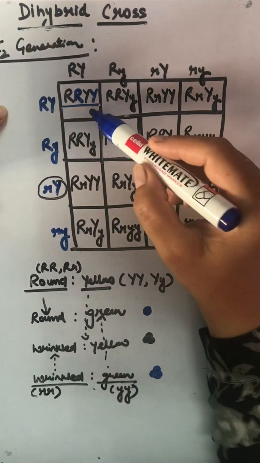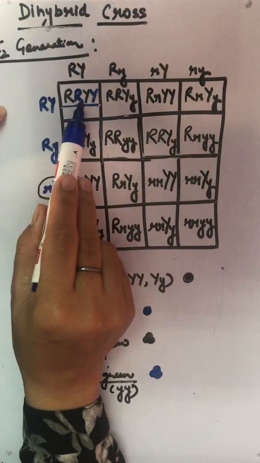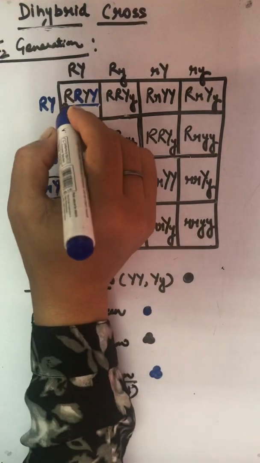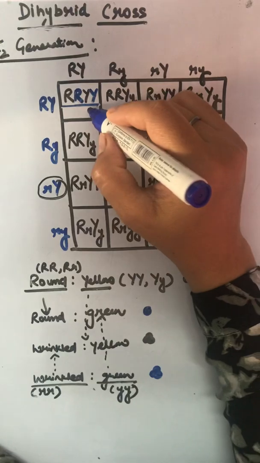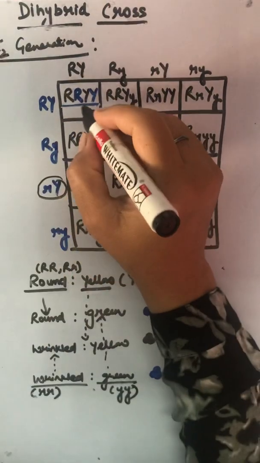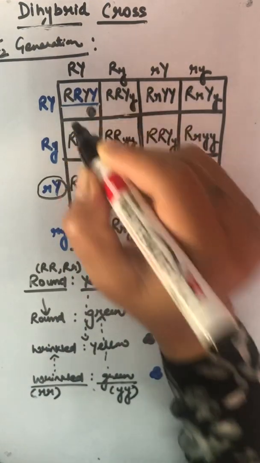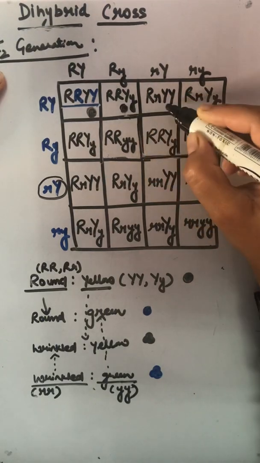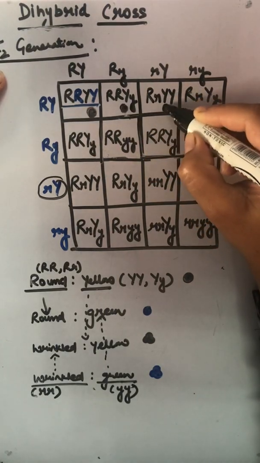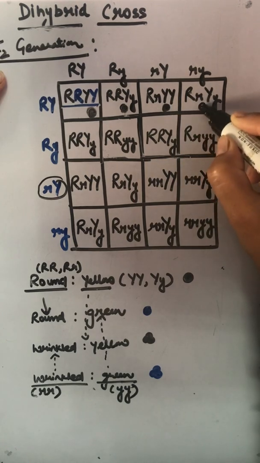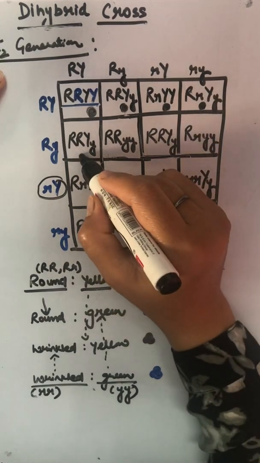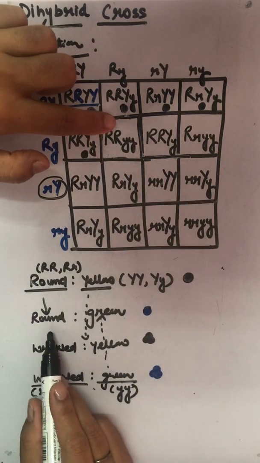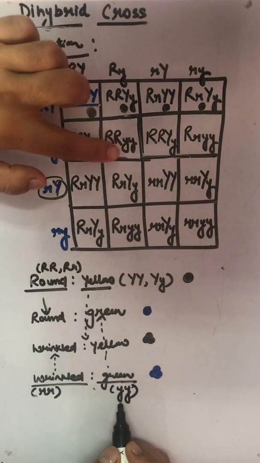Now, the first one has at least one capital R and one capital Y. We are going to call it round yellow. I'm going to mark it with a black pen. Round yellow. Again here, round yellow. Again one capital, round yellow. Again one capital. Again one capital. Now here both the capitals for round are present, but it's small yy.